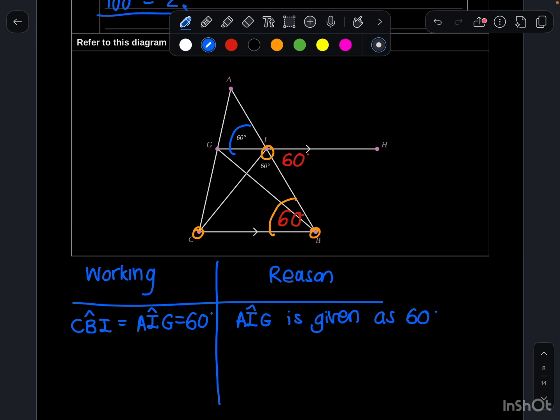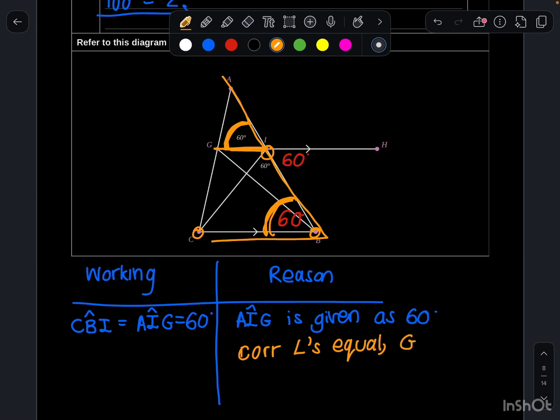Okay, AIG is given as 60 degrees, and what we did for this one is we actually used corresponding angles. So it's this backwards F shape. That's why you can say this is 60, and so this is 60. So that is corresponding angles are equal, and then the lines are GH is parallel to CB.